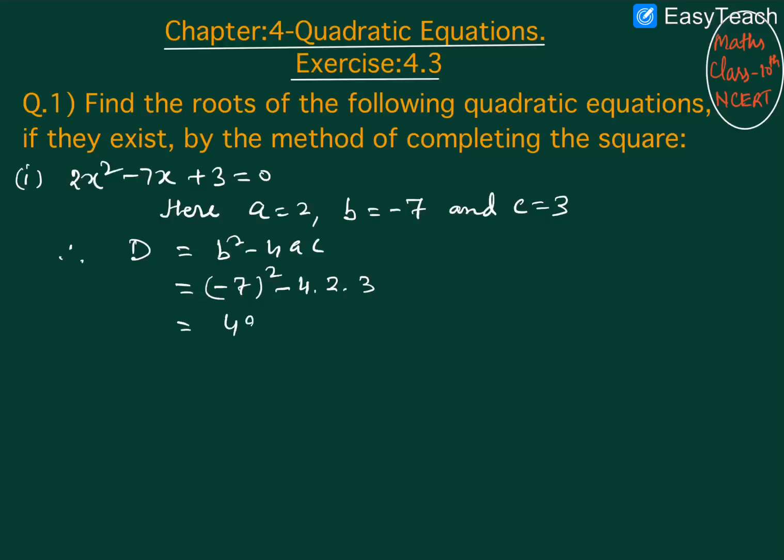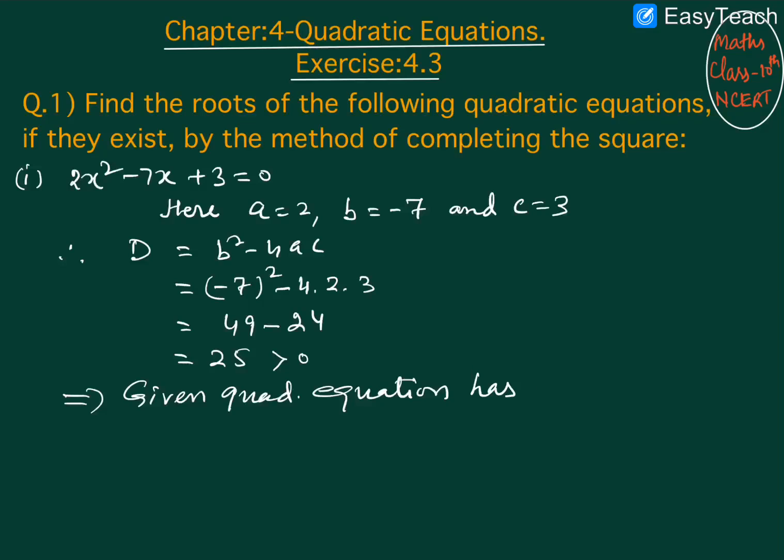So this is 49 and this is 24. So result is 25, which is greater than 0, and this implies that the given quadratic equation has two distinct real roots.